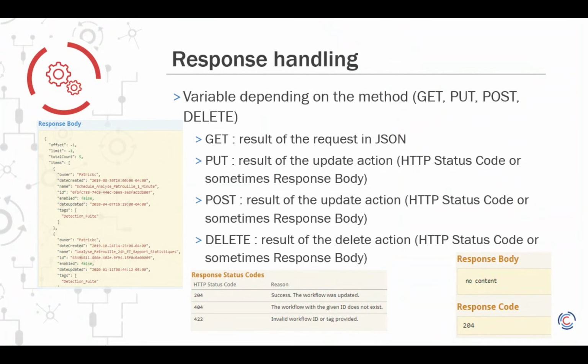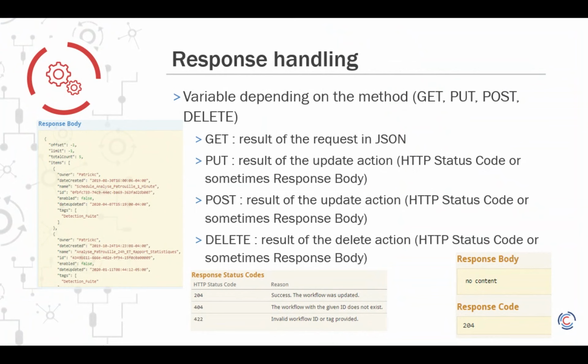Think of a put like an update. You're updating an existing item in your system, in this case in FME Server. What you would get as a result is either the status code, or sometimes the response body. But more often than not, you're using the status code to ensure that the request was done properly.